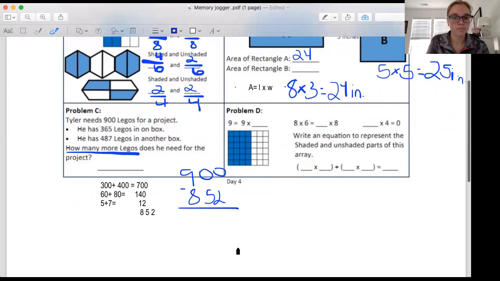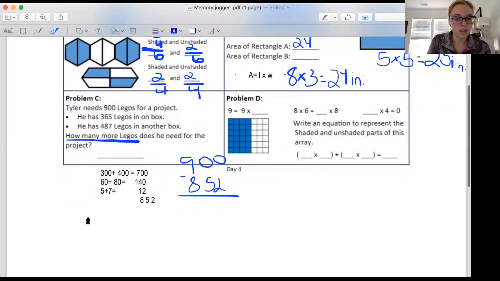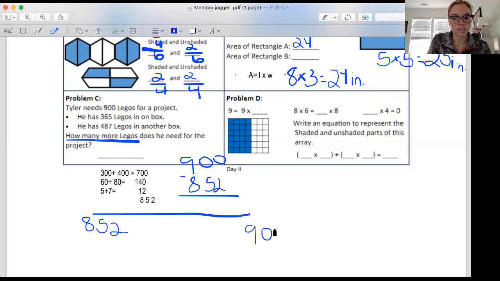Or I could do 852 and do a number line and count up to 900. So that's the way I'm going to do it. 852. First, going to get to a friendly number, so I'm going to add 8.